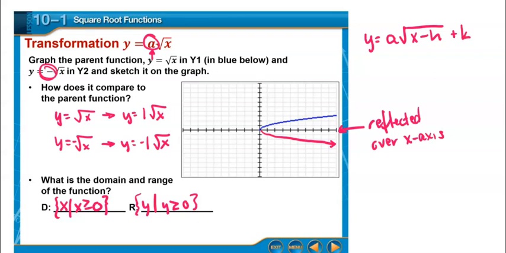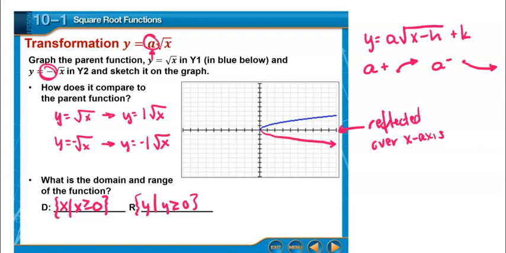So we're just looking at the transformation of A so far, and that's the stretch and compress. It's just like we've talked about before. If A is positive, this one goes up. If A is negative, this one goes down.